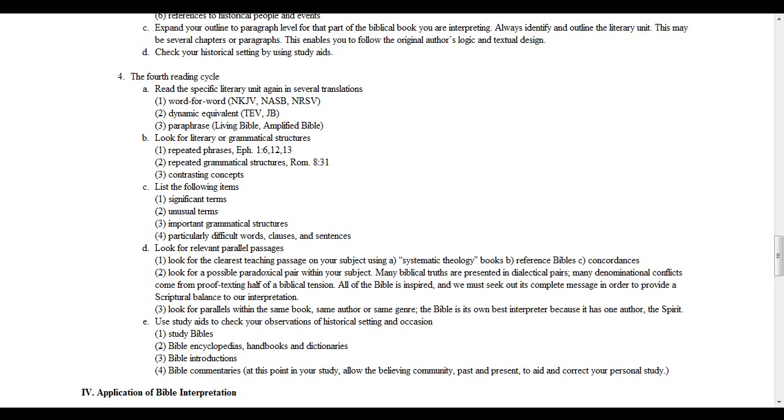But it isn't until this point that you bring in these other things other than the Word. Your main focus is on the Word, reading the Word over and over and over, and in different translation theories, and it'll help you get grounded before you actually pick up a commentary or a systematic theology or something like that.